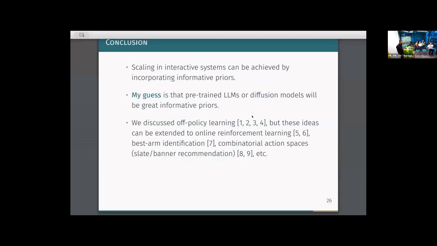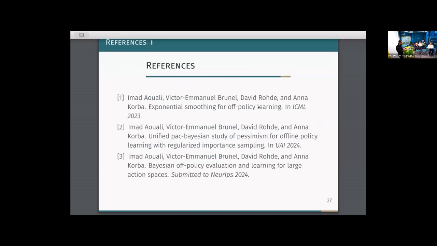The idea is that scaling is actually possible by incorporating side informative priors and side information. My guess, which I will try to explore next, is to use pre-trained LLMs and diffusion models as great side informators. These ideas were published in venues not only on off-policy learning but also online reinforcement learning, Bayesian identification, and so on. I'll be happy to explain more if you wish; you can ping me. Thank you.